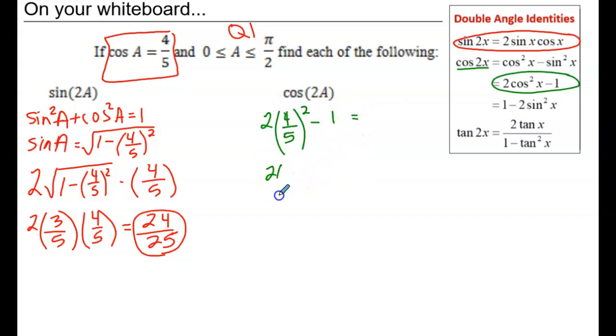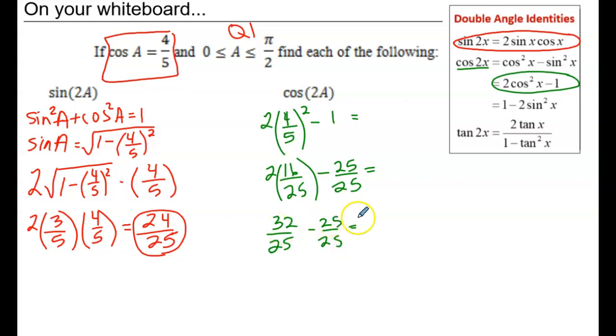So we have 2 times 16 over 25 minus, and then we need a common denominator, so that's going to be a 25 over 25. 2 times 16 is 32. And then 32 minus 25 is 7. And so the cosine of 2A is 7 over 25.